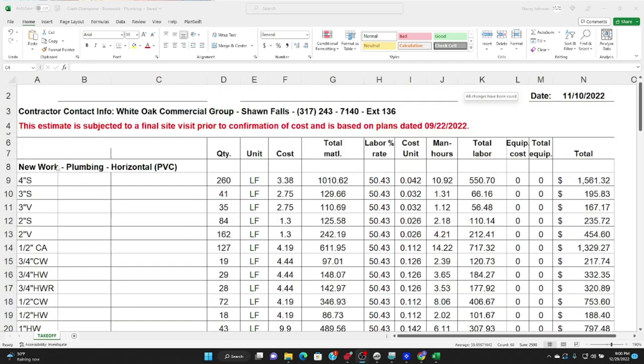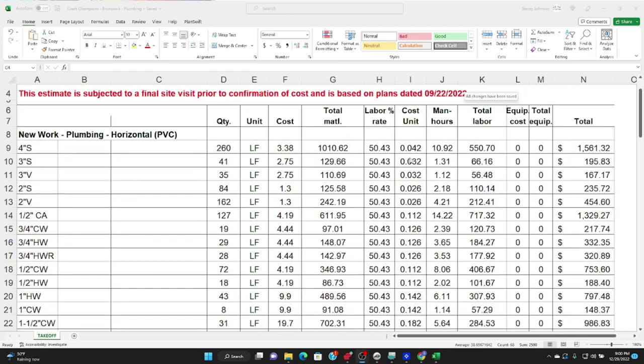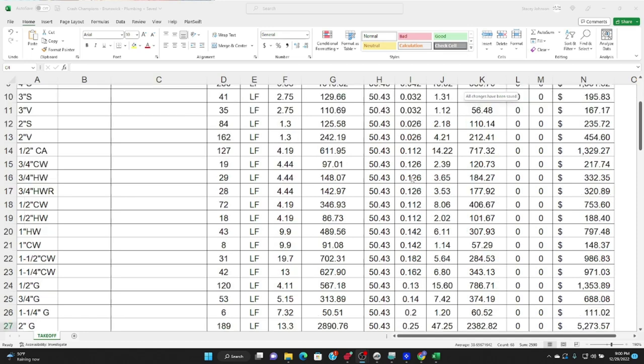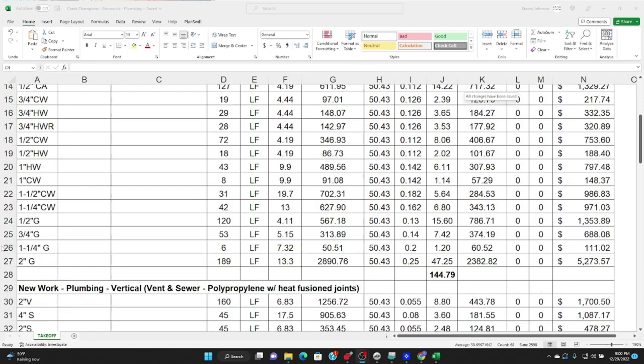These are all of the horizontal measures, and we break that down because of the cost unit. The time it takes to install the horizontal measures as opposed to the vertical measures is different in terms of man-hour totals. So we break that down.